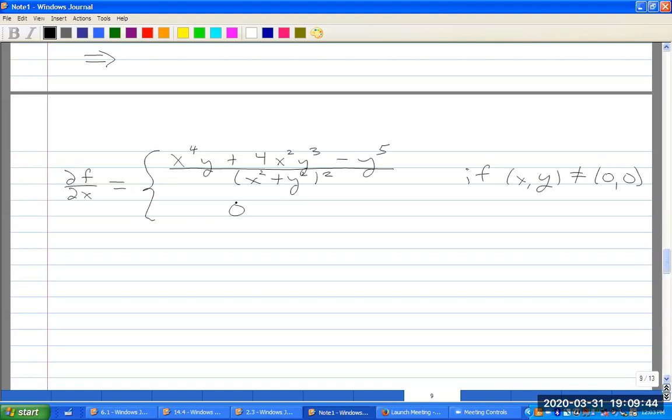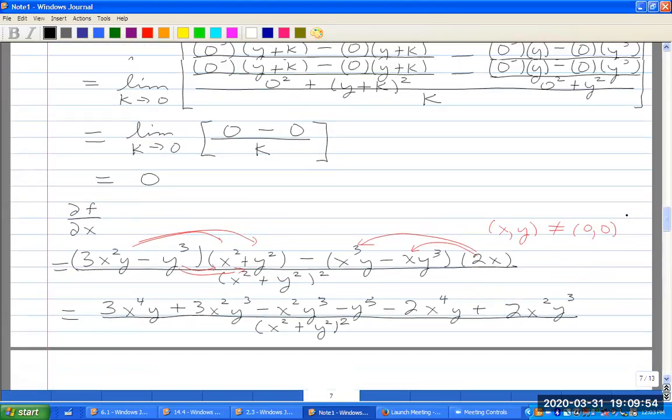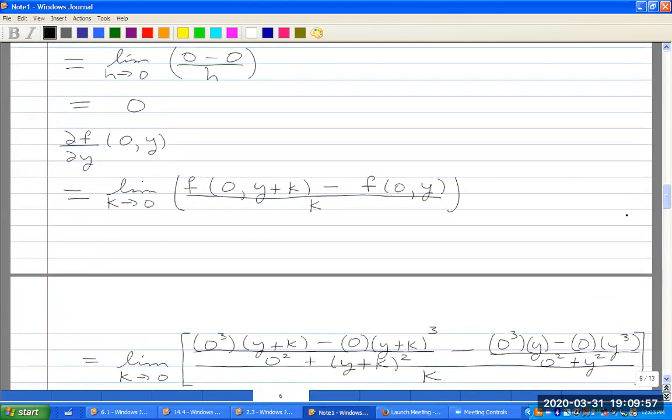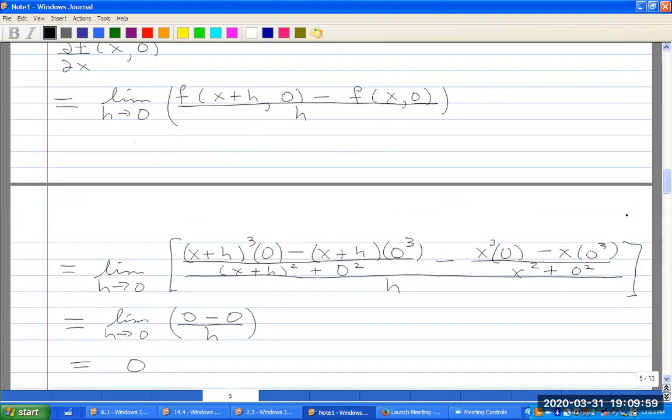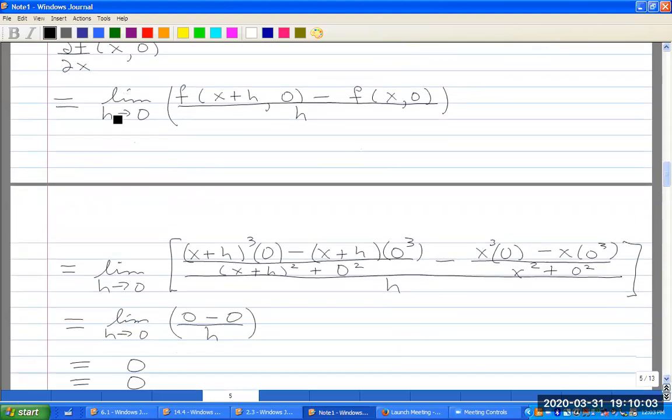And we showed that it was 0 if we were at the origin. We actually showed a little bit more. We showed that if x were 0, this was 0.